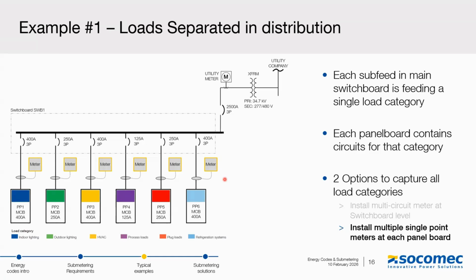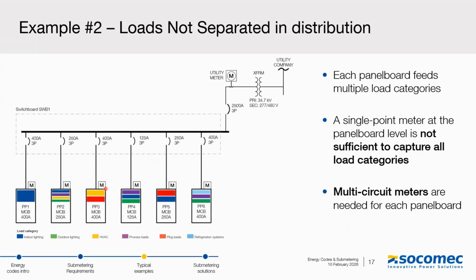And sometimes those panel boards are going to be in different parts of the building, right? They're going to be in different rooms. So that's also a possible option. But this is not the most realistic example, because this is where load categories would be split upstream and each subfeed is feeding one load category.